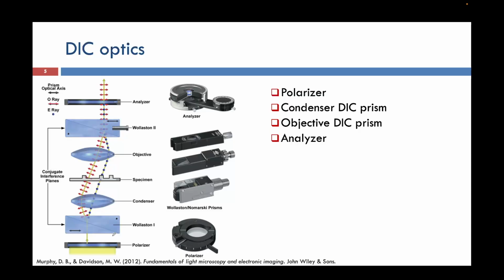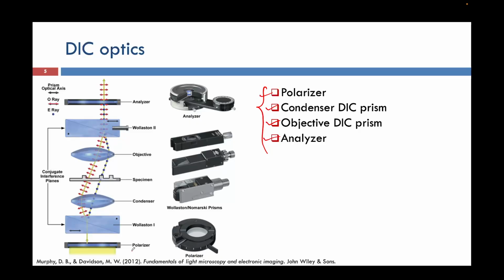The only thing we have to worry about is that there are four additional features. One is a polarizer, another is a condenser DIC prism, then an objective DIC prism, and the fourth one is the analyzer. So there are four key components in differential interference contrast microscopy. We have to see what those four key components are and what their role is in this interference contrast, then we will be able to understand.